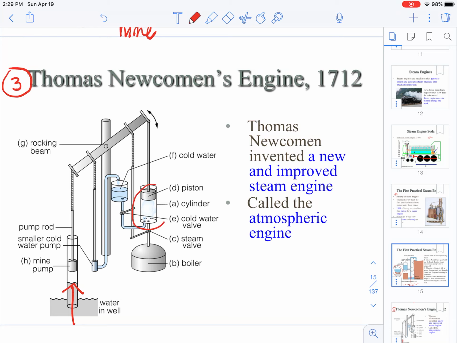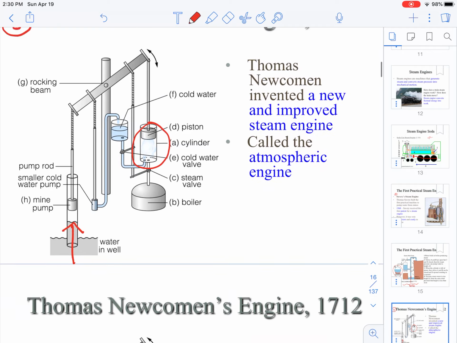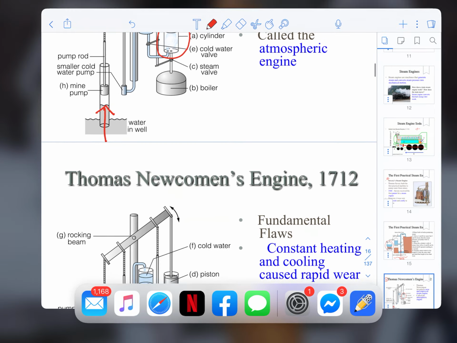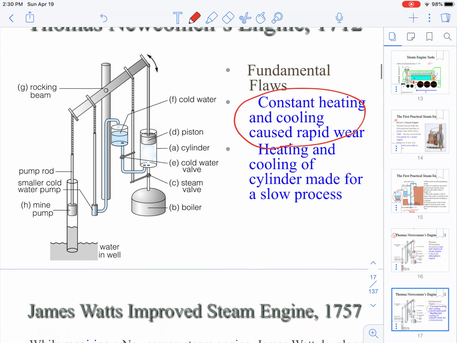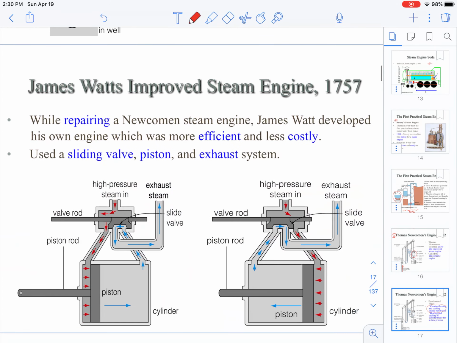Because it involved this piston here that, when it was moving up, caused this vacuum to pull the water out of the mine, it was a big improvement. However, it was a pretty slow process because you had to keep heating and cooling the system.